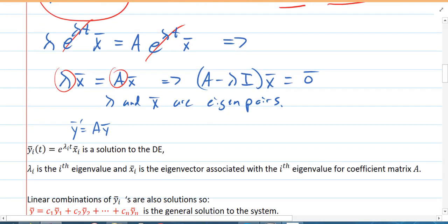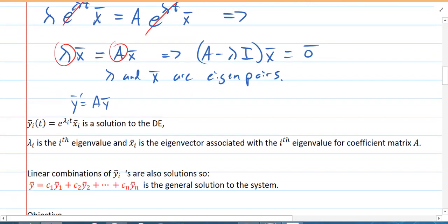Now recall from differential equations that linear combinations of solutions are also solutions. And what keeps us from infinitely growing solutions is that those have to be linearly independent y sub i's. Then linear combinations of those are new solutions.